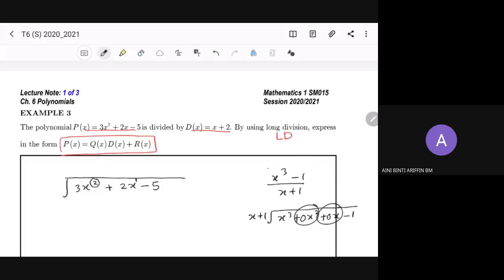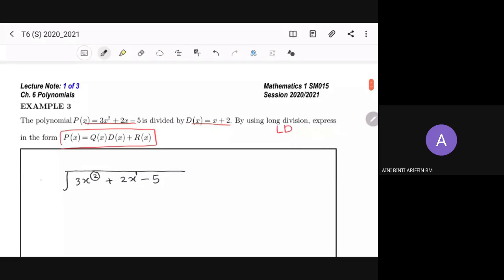So next, we continue. Okay, divide by x plus 2. To get the first term of the quotient, we take the highest polynomial term, 3x squared, divided by the highest degree of the divisor, which in this case is x. So we get 3x. We write 3x on the top.